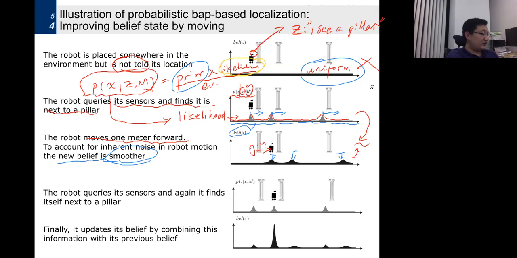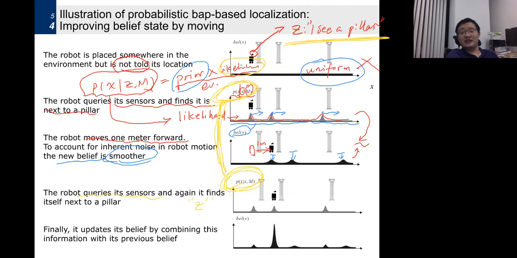After that, the robot queries its sensor again, and again it has a Z, meaning I see a pillar. This is identical to the earlier one, in both shape and physical meaning.